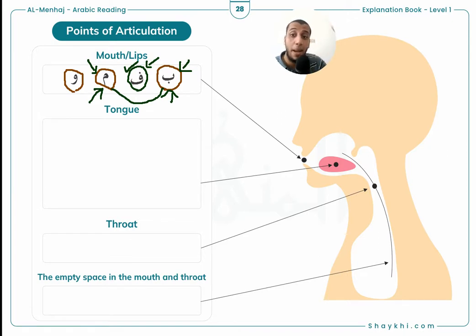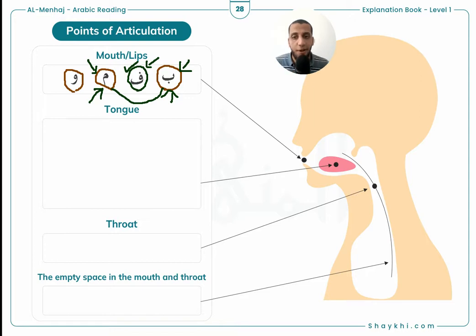So this is the difference between the letter ba and the letter mim. The letter ba depends completely on the mouth or the lips, pressing or closing the two lips together. But the letter mim is pronounced by pressing both lips together and also using the nose.